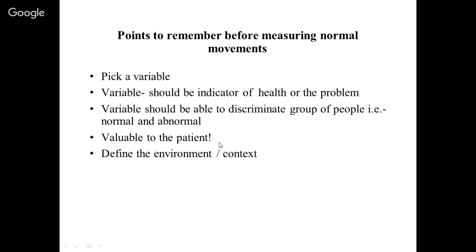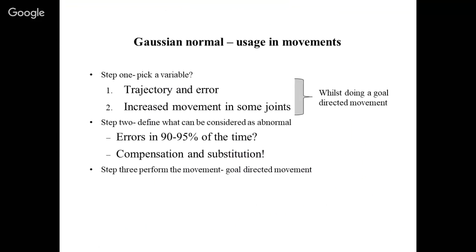As I said earlier, blood pressure, you want to define what age group, and when was it measured, during treadmill or at rest, that kind of thing. So we will use these ideas here and try to use it for a normal movement.